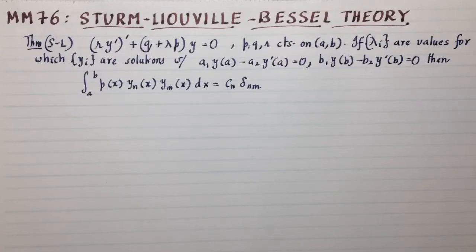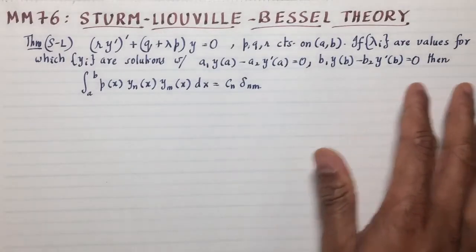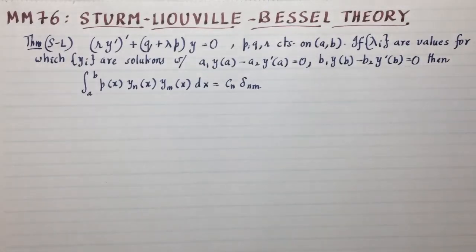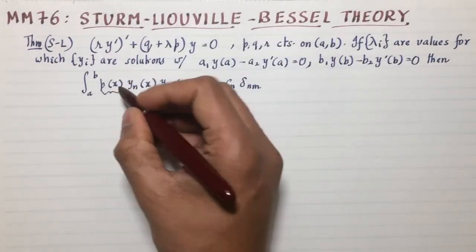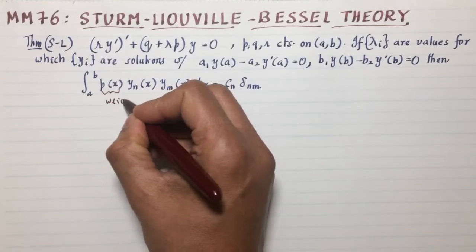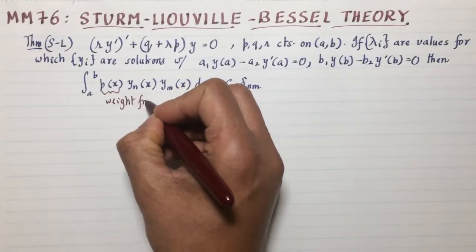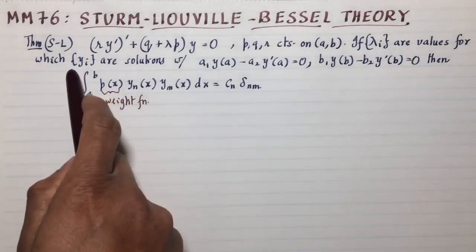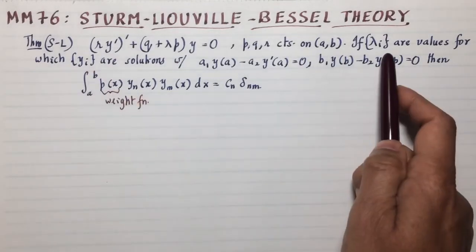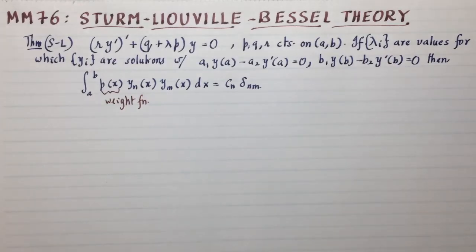So under these conditions, you have this orthonormal relation where the orthonormality is tempered by what's called the weight function. So the p is the weight function here. With respect to the weight function, these eigenvectors, which I'll call y sub i, corresponding to the eigenvalues lambda_i, are orthonormal with respect to that weight.